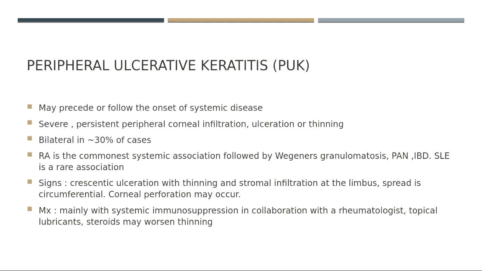We need the steroids to dampen the inflammation, but steroids can also worsen thinning of the cornea, so we use steroids very sparingly. In addition, these patients, say with rheumatoid arthritis, also have dry eye syndrome, so we also use topical lubricants. But the mainstay of treatment for peripheral ulcerative keratitis is systemic immunosuppression.